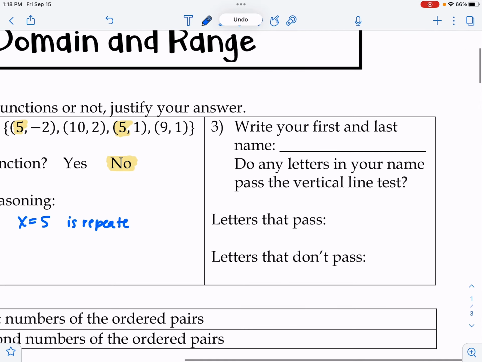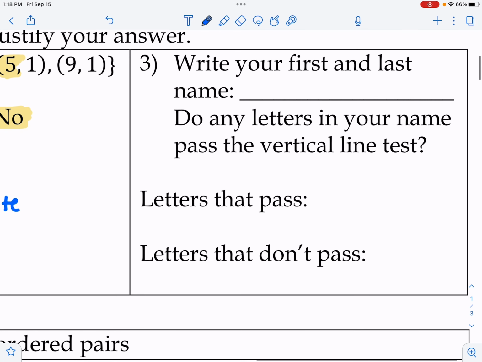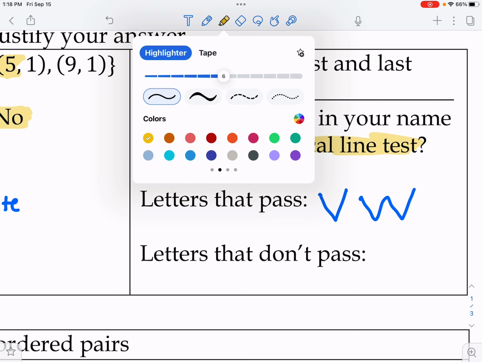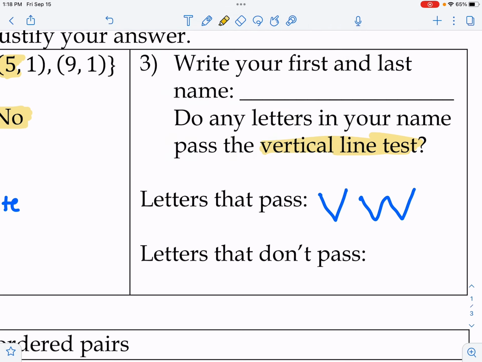And this next one is just pretending letters are graphs and seeing if they pass the vertical line test. Some examples of letters that would pass are a V or a W. Let me do a better W. It's got to be really slanted, because if I were to do vertical lines, I don't hit the graph more than once.